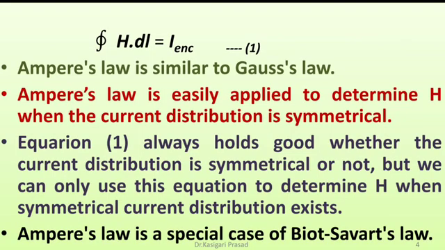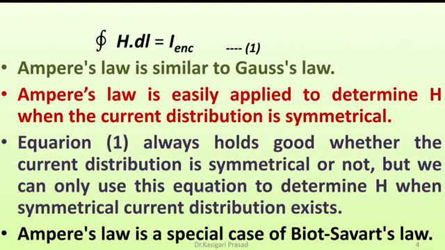And what are the observations from this equation? Ampere's law is similar to Gauss's law. Ampere's law is easily applied to determine H when the current distribution is symmetrical. Equation 1 always holds good whether the current distribution is symmetrical or not, but we can only use this equation to determine H when a symmetrical current distribution exists.